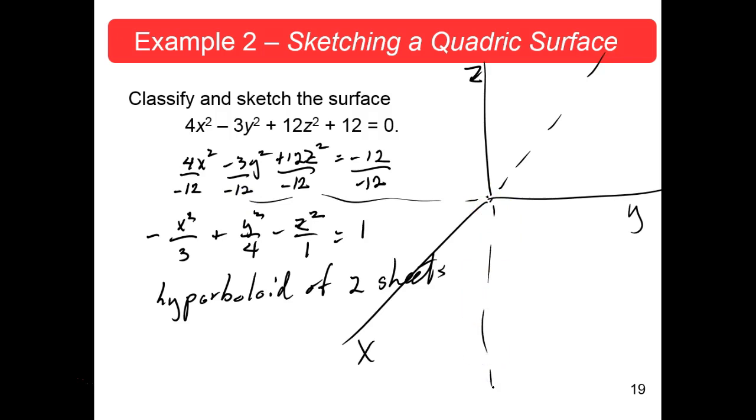You've got your ellipses here. Well, let's see what it is. Y at plus and minus 2, I think it is. That's where they begin, because it's only defined here.